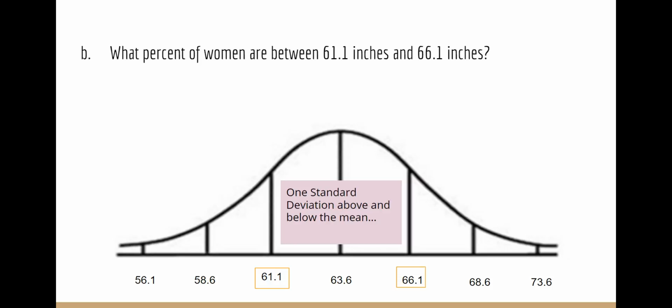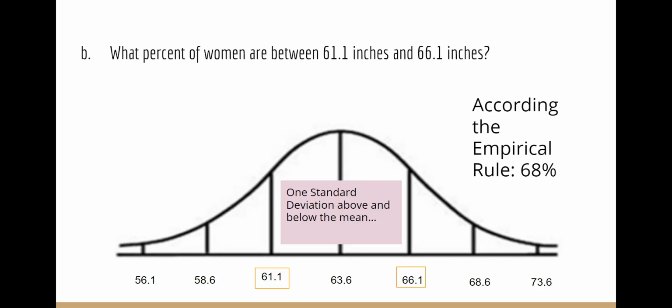If you are looking back at your notes, according to the empirical rule, about 68% of women are between 1 standard deviation above and 1 standard deviation below. In other words, if we're trying to find the area underneath our bell-shaped curve, 1 standard deviation above and 1 standard deviation below, it's 34% plus 34%, which is 68%.